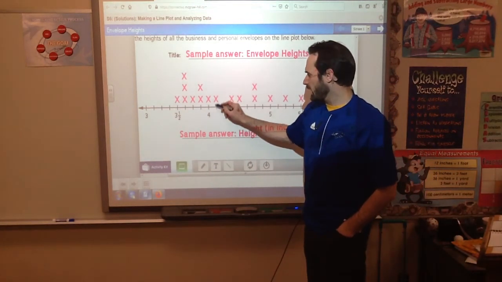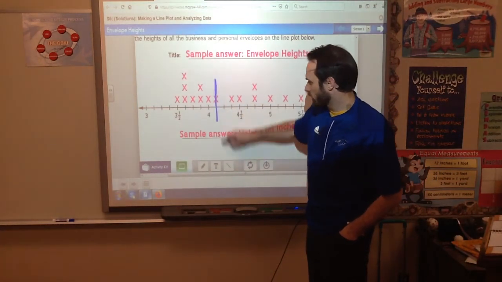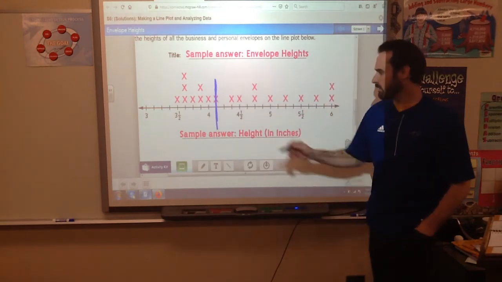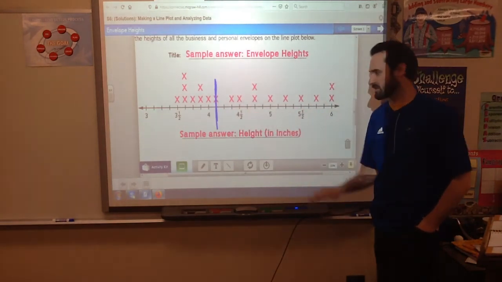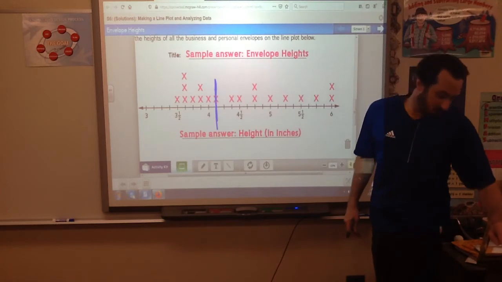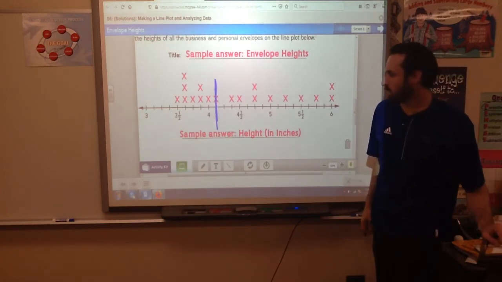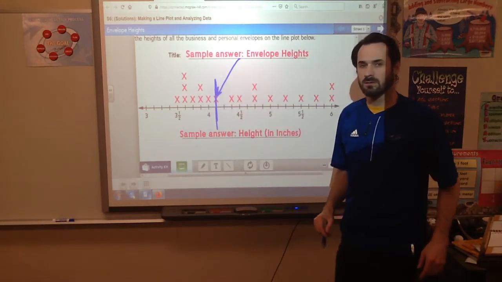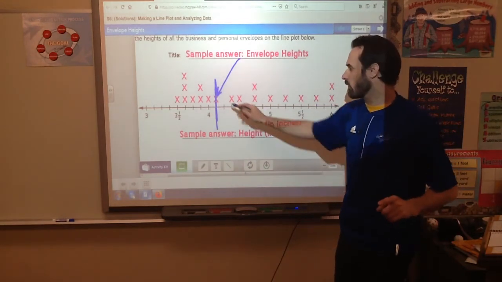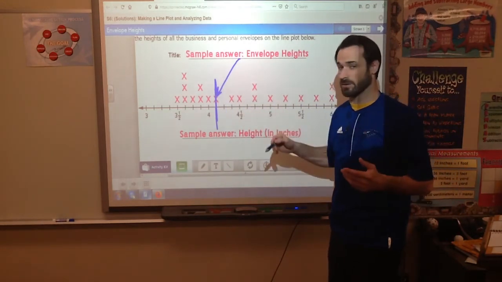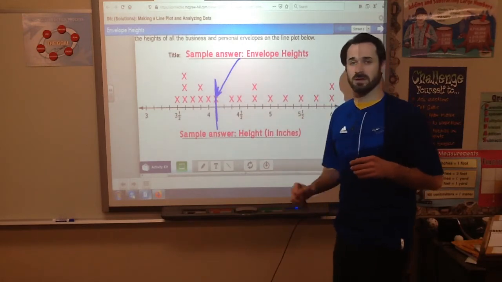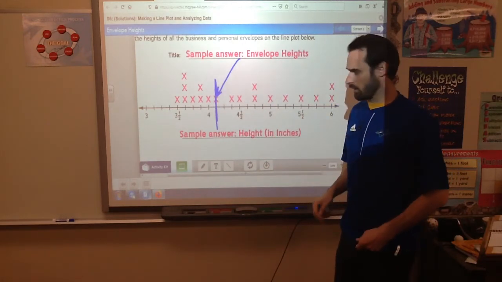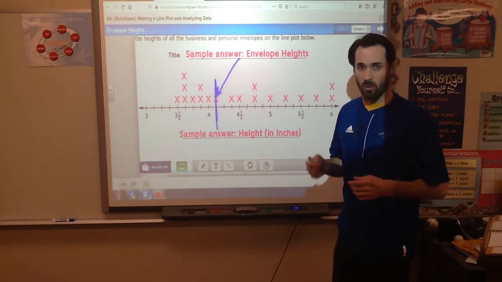Okay, 4 1/8 is right here. It's one out of 8 jumps between 4 and 5. And they want to know how many are larger than that. So do we count this x? No, we don't count this x because it needs to be larger than that. If they wanted you to count that, they would say, how many are 4 1/8 or larger?